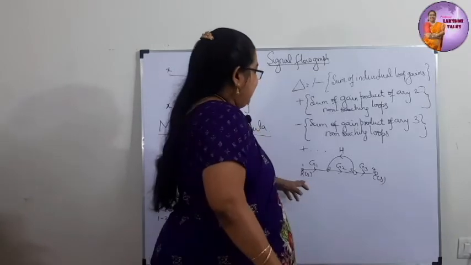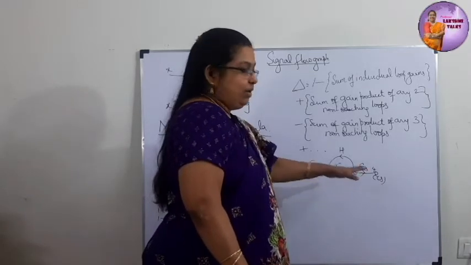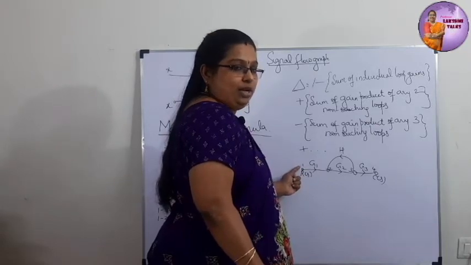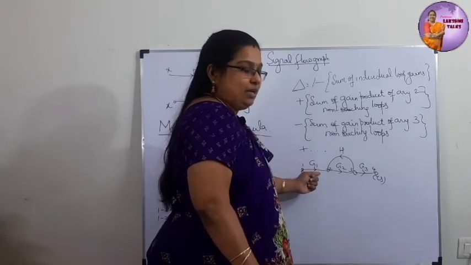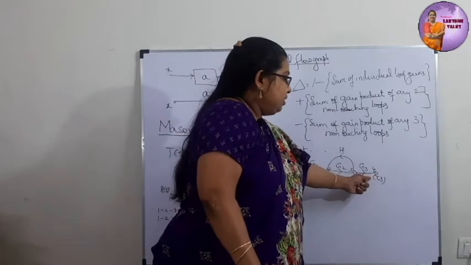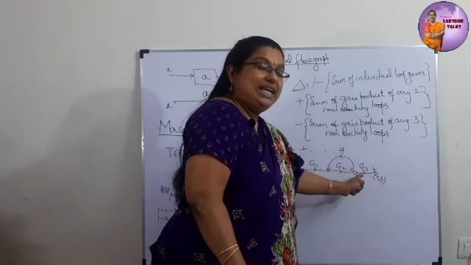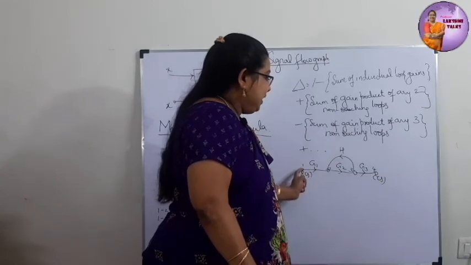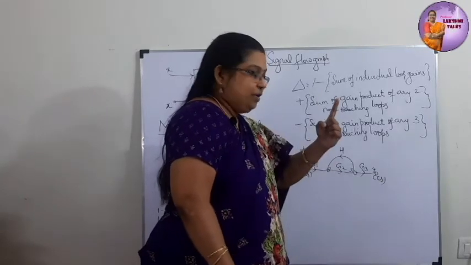Okay, see in this particular signal flow graph, this R of S is the input node, right, because only it has outgoing branches, and C of S is the output node, it has only incoming branches, right? Now how many forward paths are there? Just one forward path.